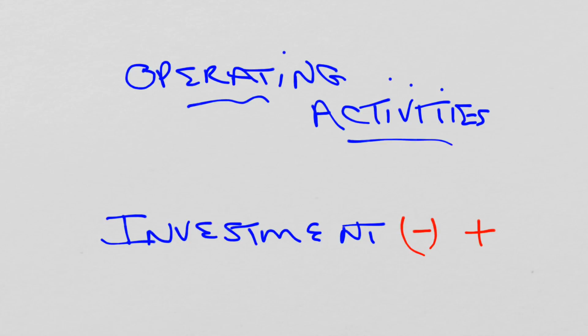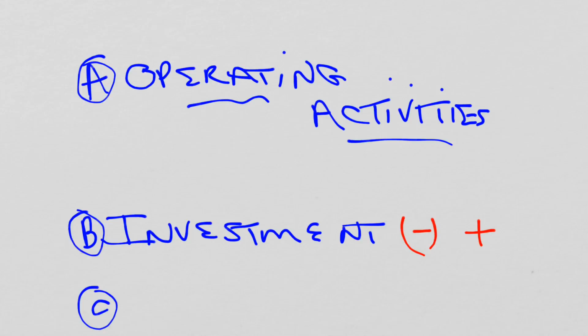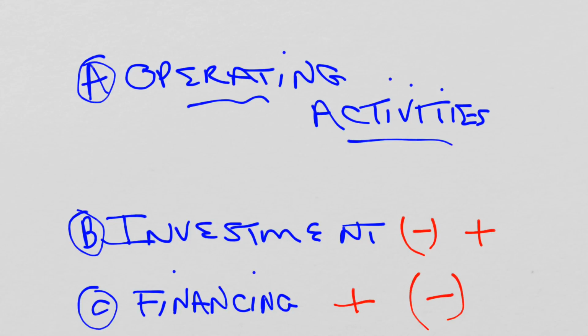And then finally, the other category, so this is category B. This will be category A, which is what we're concentrating on. Category C is financing. So maybe we borrowed to buy a piece of equipment, so that gave us cash. Maybe we paid back the loan, and that used cash.